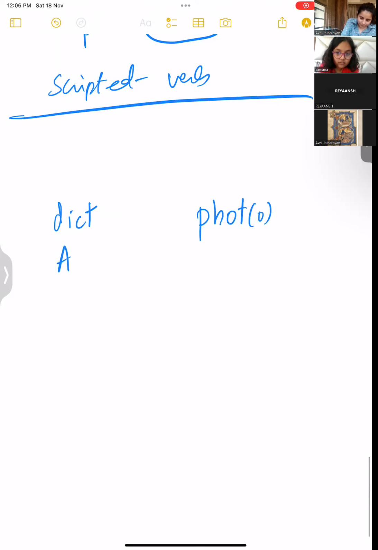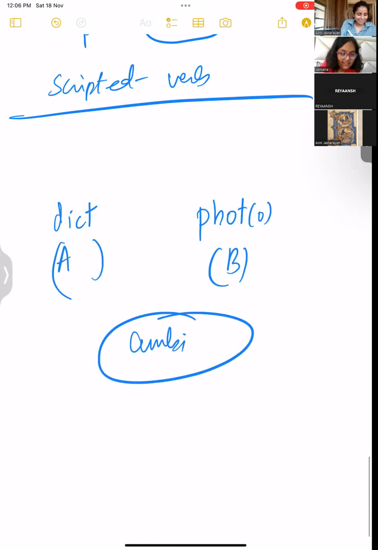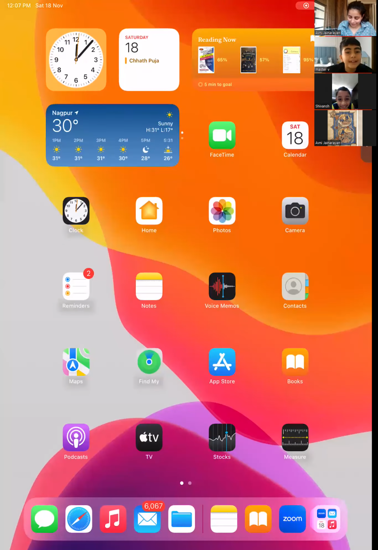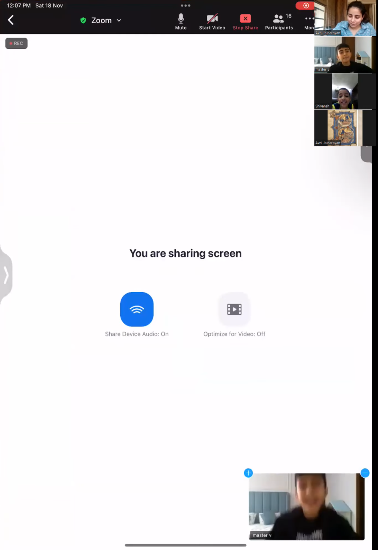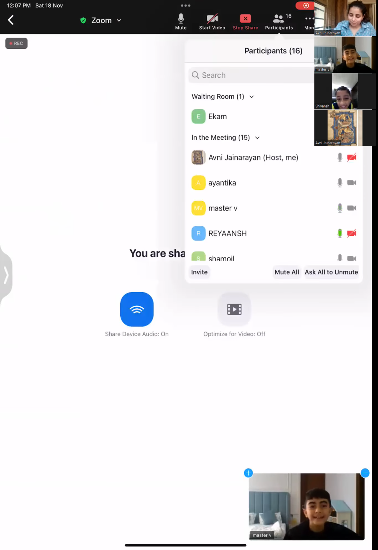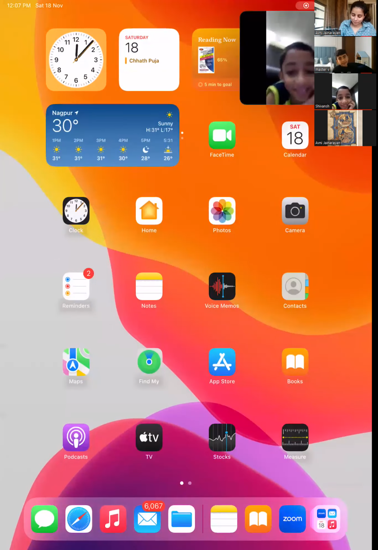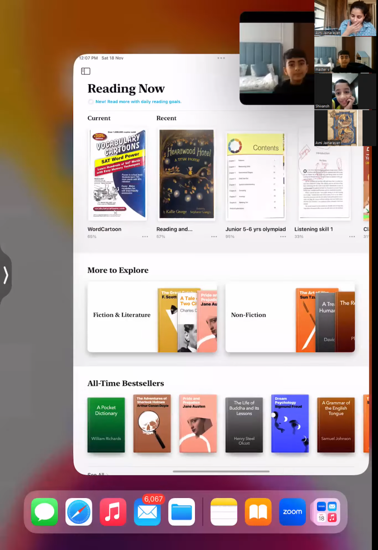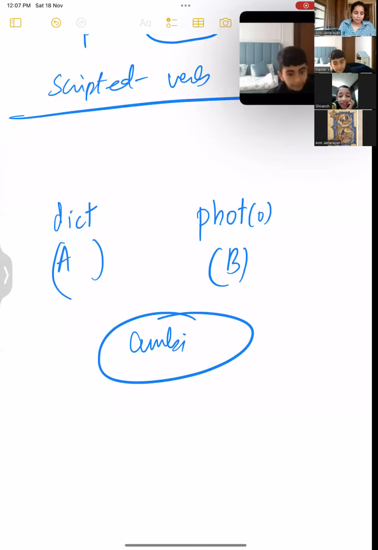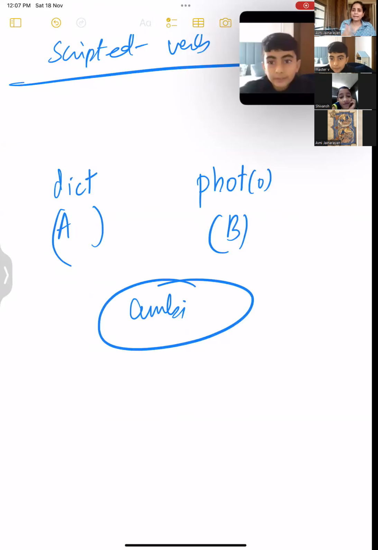Tell me, A or B? Ambi. Okay, we are doing dict. Dict, what? Like, let's guess. What do you understand by dict, Shivansh?